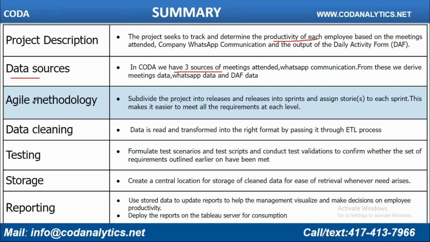And then we have also looked at the agile methodology, and we have seen that this methodology tries to subdivide the project into releases, then releases into sprints, and then each sprint is assigned stories to make it easier to meet all the requirements at each level.